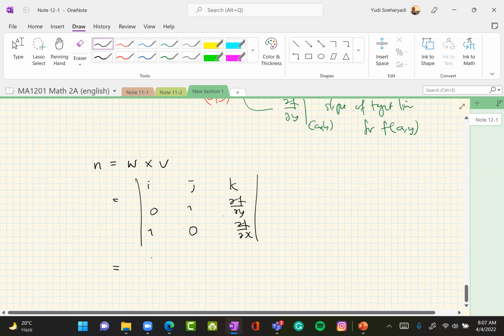Okay. So let's now do this one. So the i component is 1 times df dx minus 0 times df dy. So just df dx. Okay. So the j is 1 times df dy minus 0.